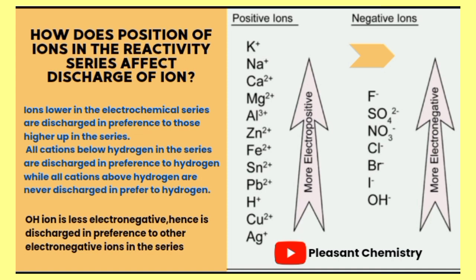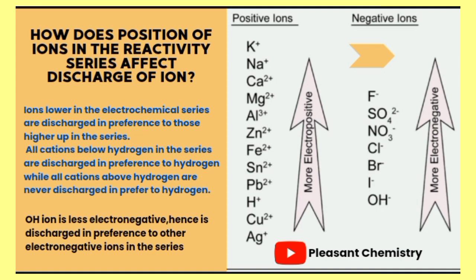Every ion above hydrogen is more electropositive than hydrogen, whereby every ion below hydrogen is less electropositive than hydrogen. Do you understand now? So which means that the ones that are less electropositive will be discharged in preference to the ones that are highly electropositive, because the ones that are less electropositive need less energy to be discharged when compared to the ones above in the electrochemical series.